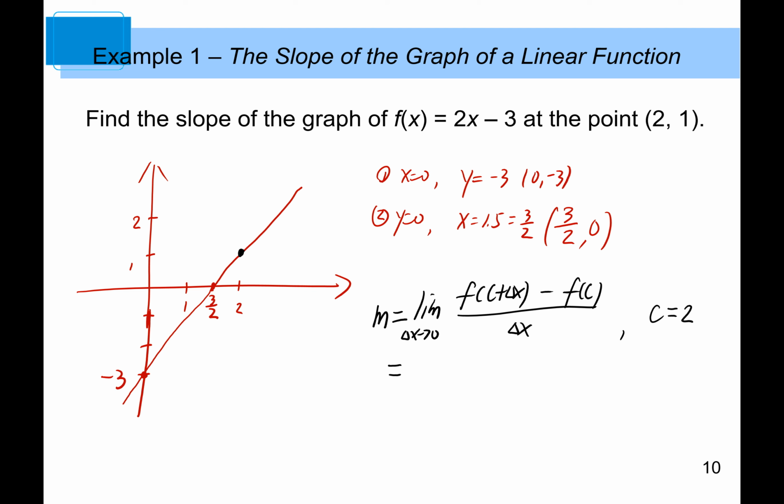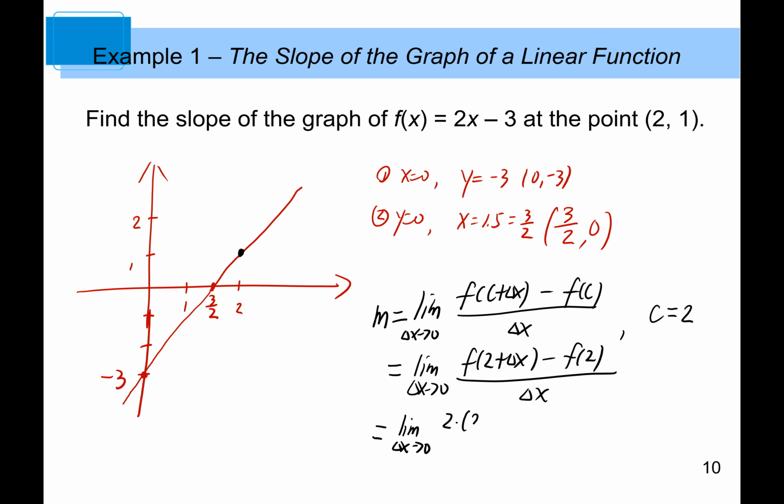So this is basically the limit as delta x approaches 0 of f of 2 plus delta x minus f of 2 over delta x.